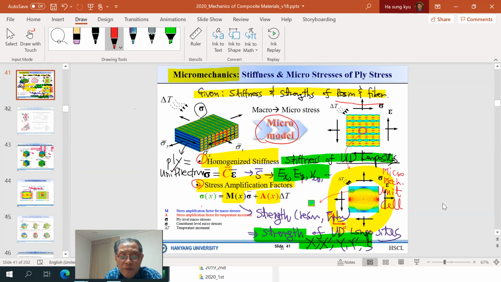But very importantly, there are repeated boundary conditions. Along this boundary, we have a repeated boundary condition.